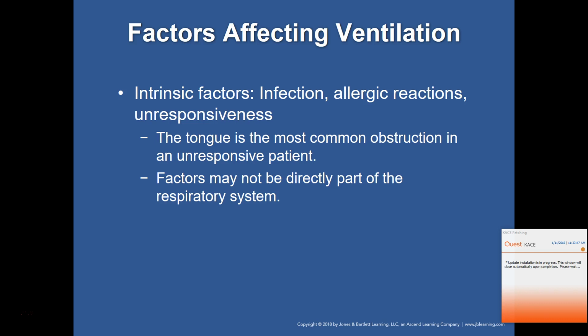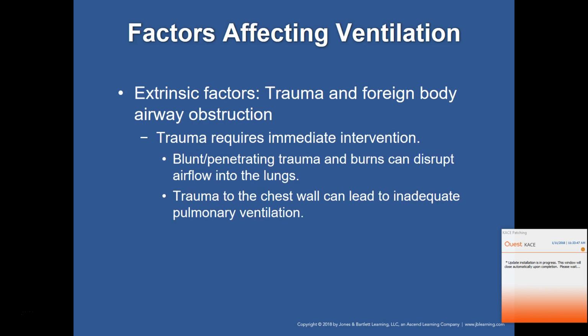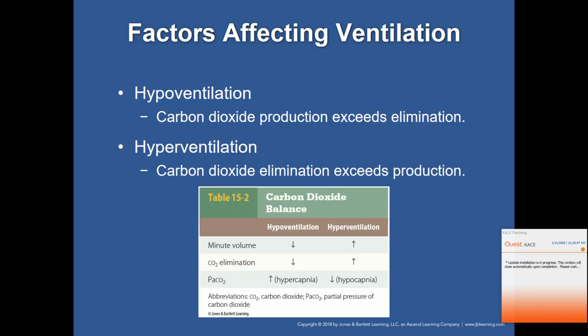They may or may not directly affect the respiratory system, but they are factors that are inside of the body and not outside. Extrinsic factors such as trauma, foreign body airway obstructions, those types of things are all extrinsic factors.